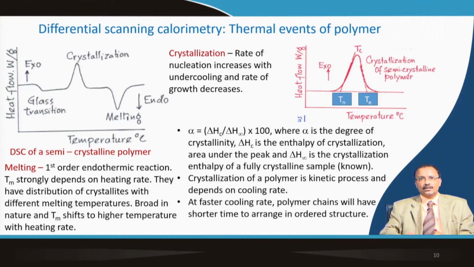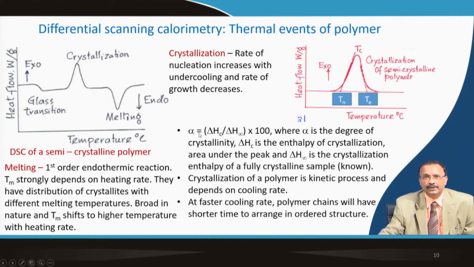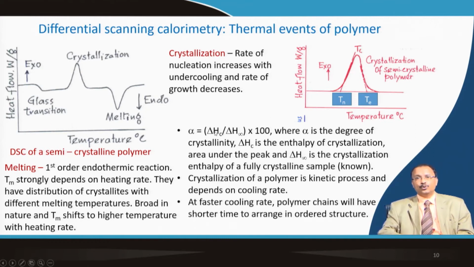So, we can define the value of alpha, which is the degree of crystallinity, and you can measure the value of del H c, which is the enthalpy of crystallization, and which is nothing but the area under the peak. And if you know the crystallization enthalpy for a fully crystalline sample, then one can calculate the value of alpha.